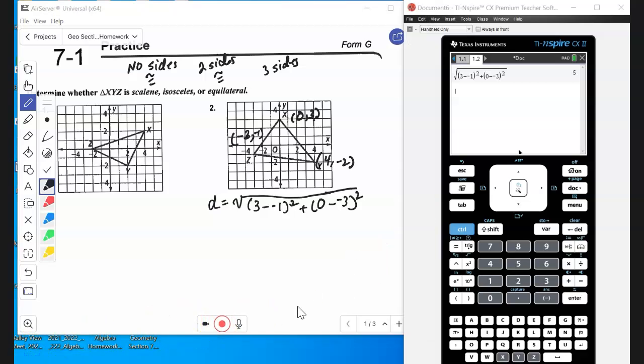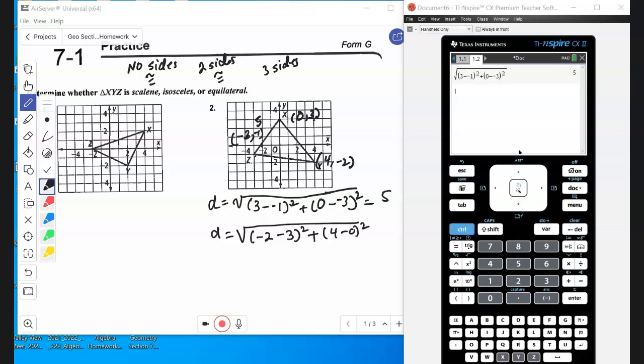So I already have the distance there from z to x. I got 5. We're going to find the distance now from x to y. So we're going to have square root, parentheses, -2 minus 3 squared plus 4 minus 0 squared.